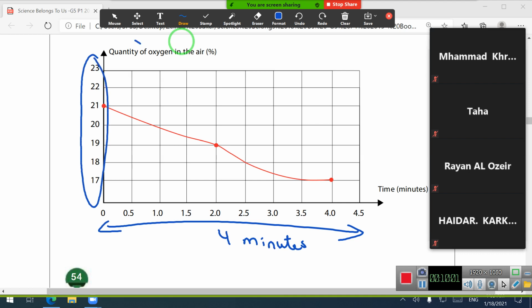The vertical line is called the y-axis and the horizontal line is called the x-axis. Time 0 means at the beginning of the experiment.